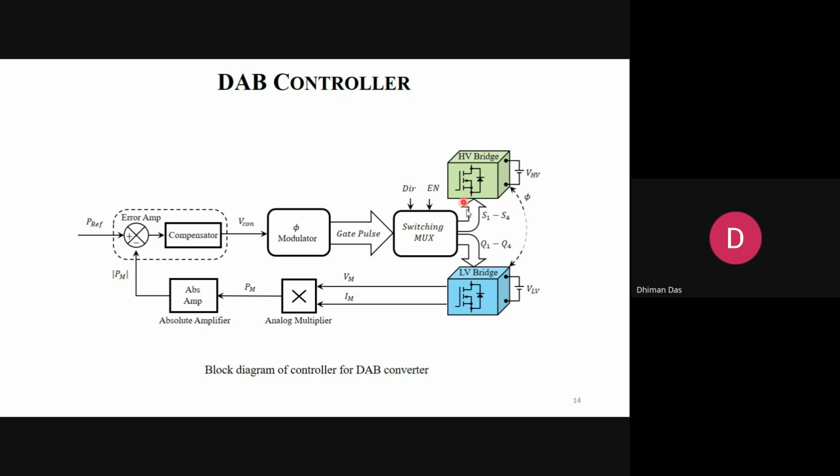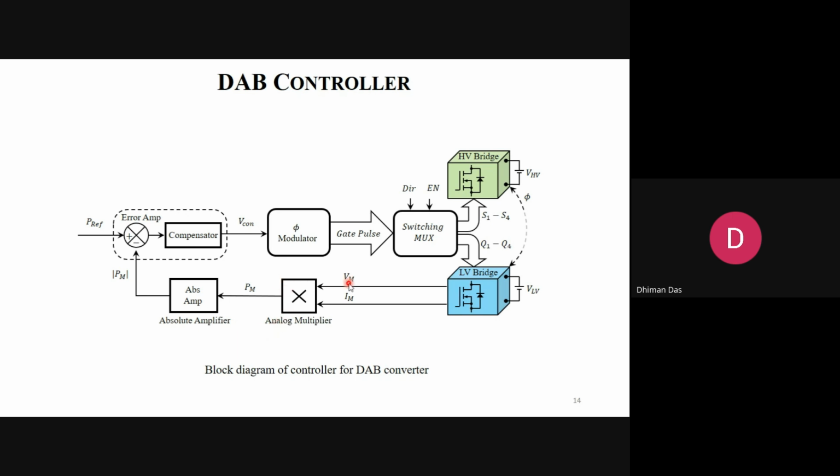The switches are S1 to S4 at the high voltage side and Q1 to Q4 you can assume at the low voltage bridge. Now you can measure the voltage and current, and eventually you are trying to control the amount of power transfer from the leading bridge to the lagging bridge.